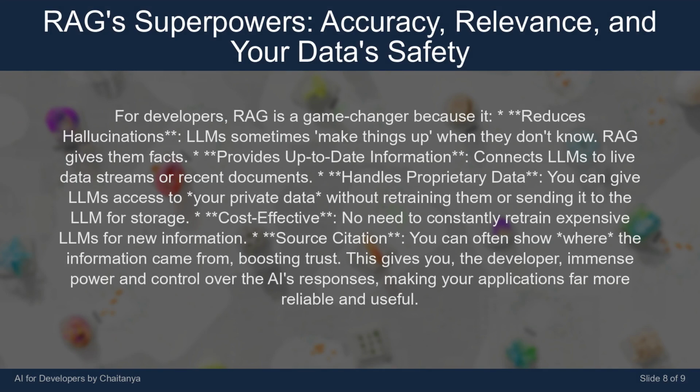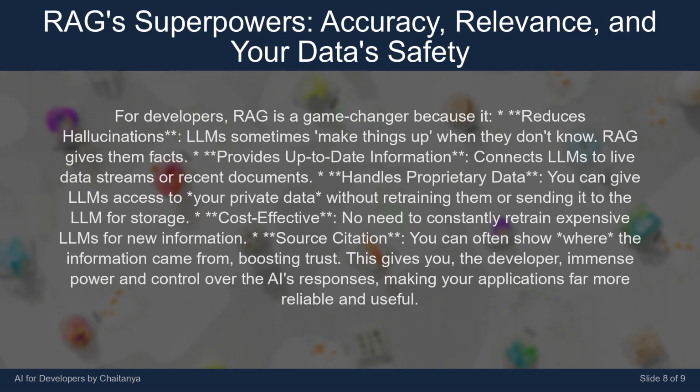For developers, RAG is a game-changer because it reduces hallucinations. LLMs sometimes make things up when they don't know. RAG gives them facts. It provides up-to-date information, connecting LLMs to live data streams or recent documents. It handles proprietary data: you can give LLMs access to your private data without retraining them or sending it to the LLM for storage.